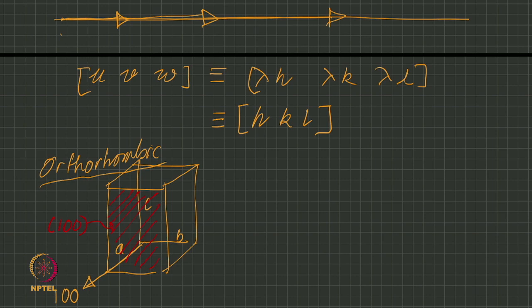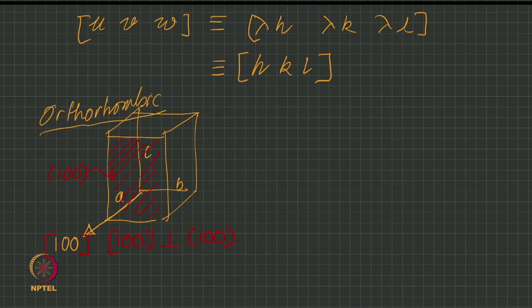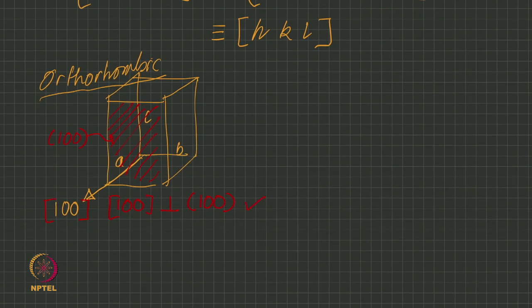So, here you are finding that the 1 0 0 direction in orthorhombic also will be perpendicular to the 1 0 0 plane, but this is limited to such special planes and a special direction. Arbitrarily, if I say 1 1 0, because of the inequality of a and b, the 1 1 0 direction will not be perpendicular to the 1 1 0 plane.